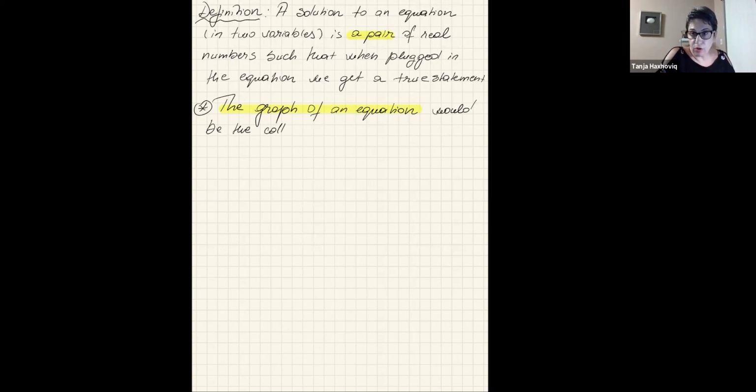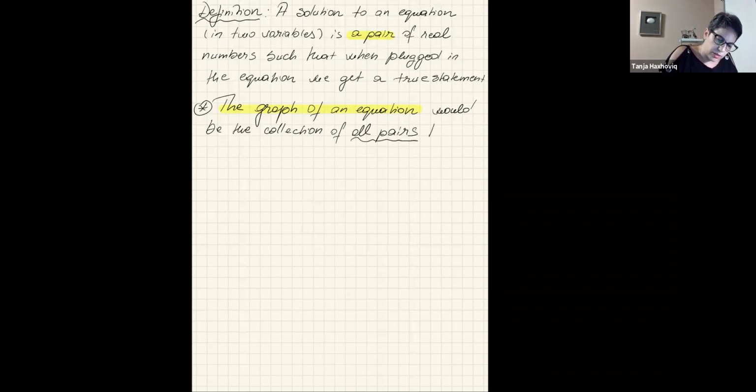If you plot them and connect them together in the Cartesian plane, they make up the graph of an equation. So it would be the collection of all pairs that are solutions to the equation.